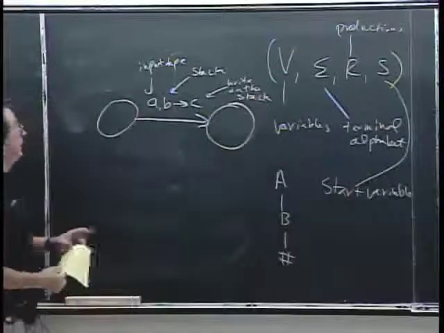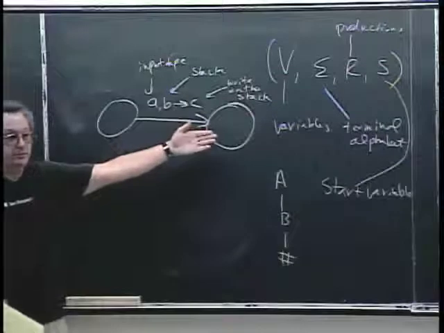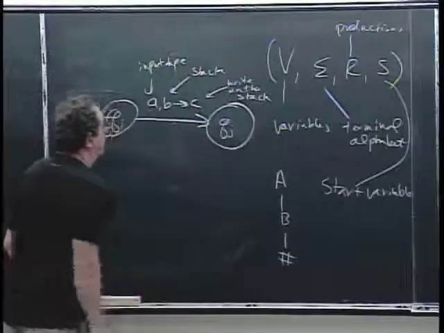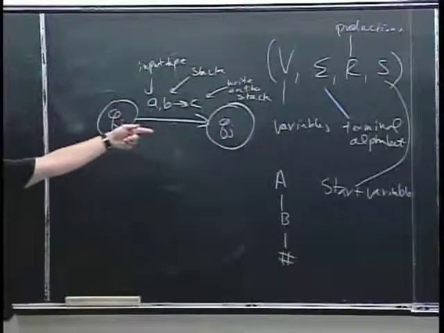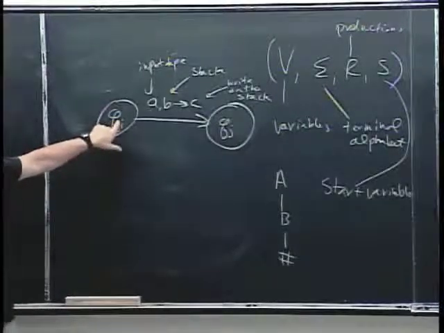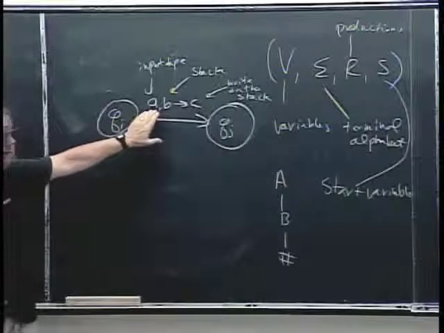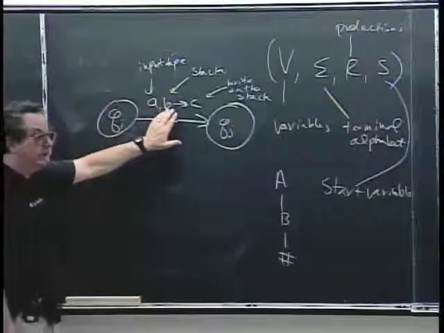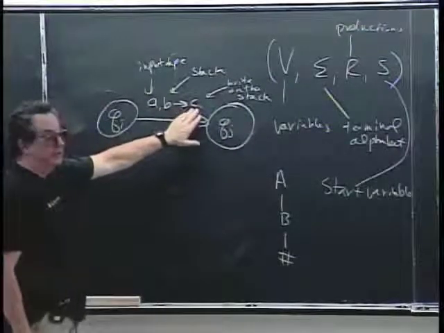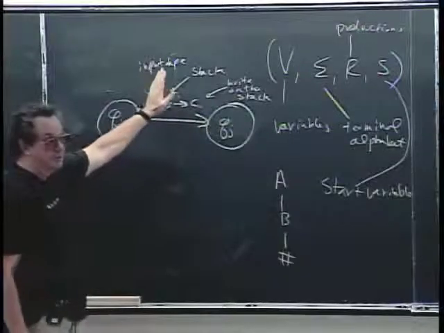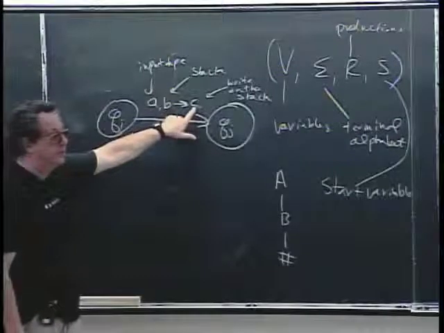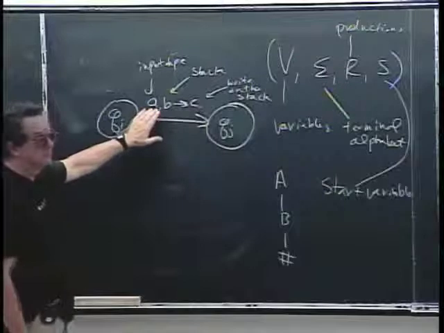So in general, we're going to write that onto an edge from Qi to Qj. This specifies a transition. According to our transition rules, it says if we're in state Qi, and you see an A on the input tape, and you see a B on the stack, then you move to Qj, and you write a C on the stack. Remember that when you read a B, you're also popping it. So the top of the stack changes from a B to a C. And you've consumed the A, which is part of the input.